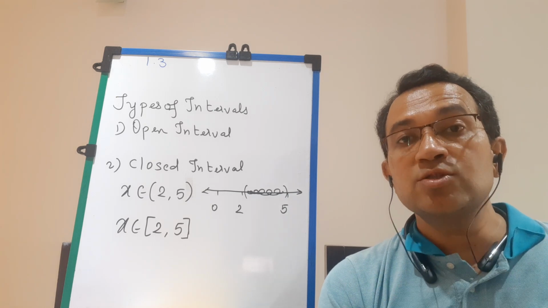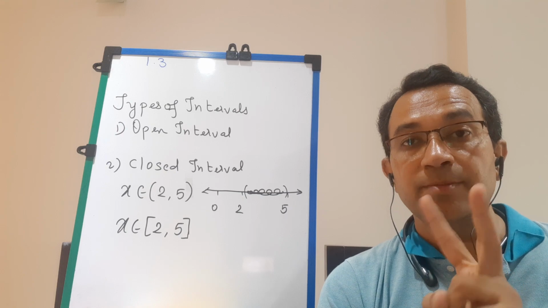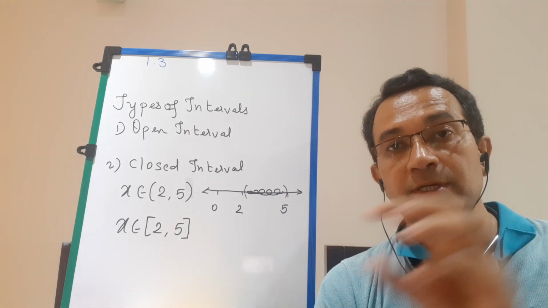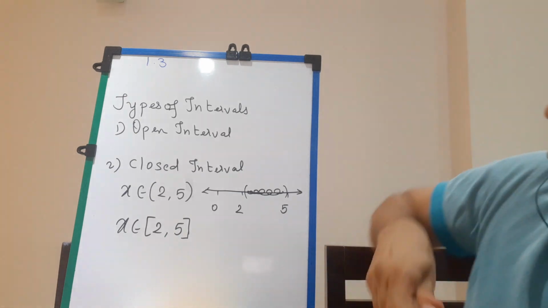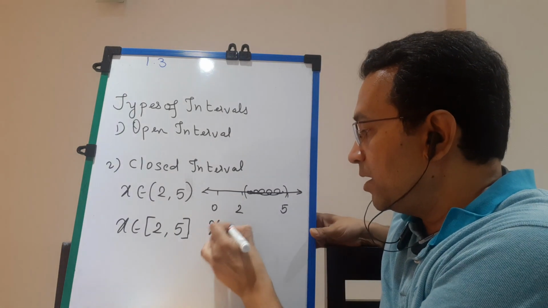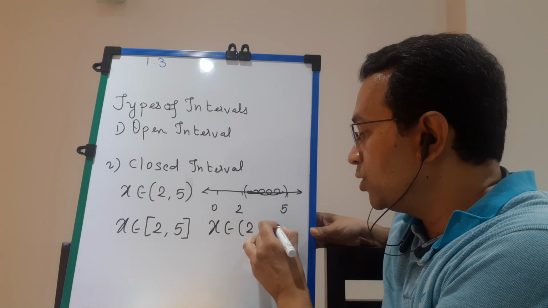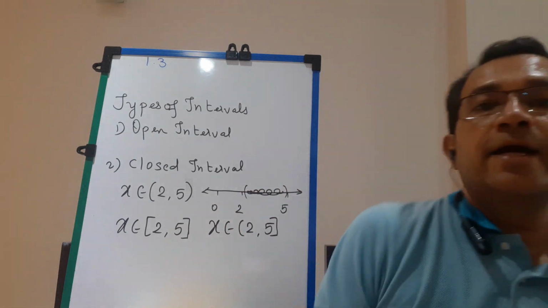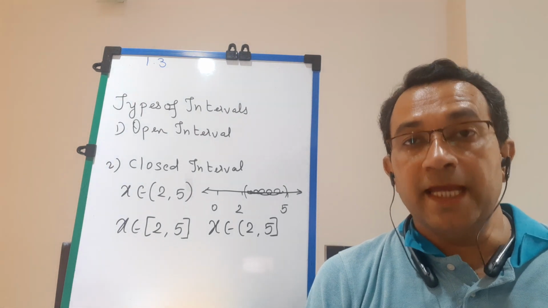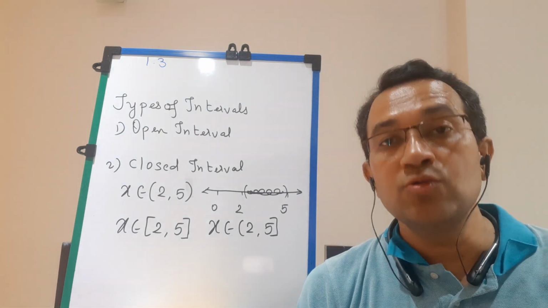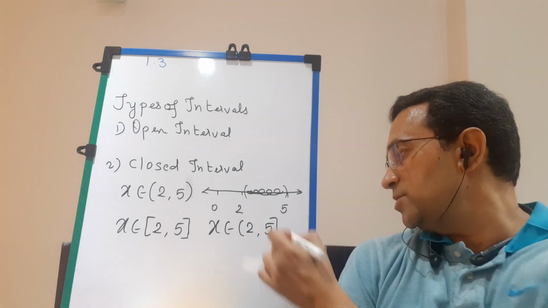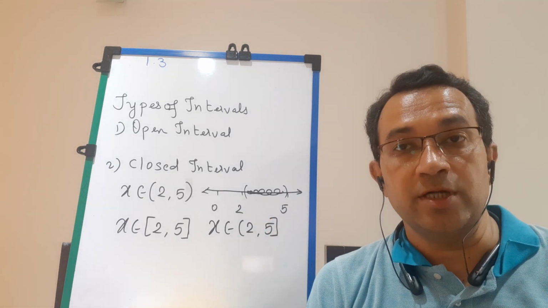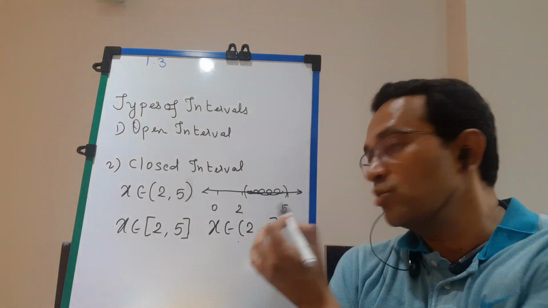And using these open and closed intervals, I can make two more intervals, which are open-closed and closed-open. Say suppose I write x belongs to (2, 5]. It means x can be any real number between 2 and 5 including 5, because at 5 it is closed. 5 is included but 2 is not included, so this interval is open-closed.